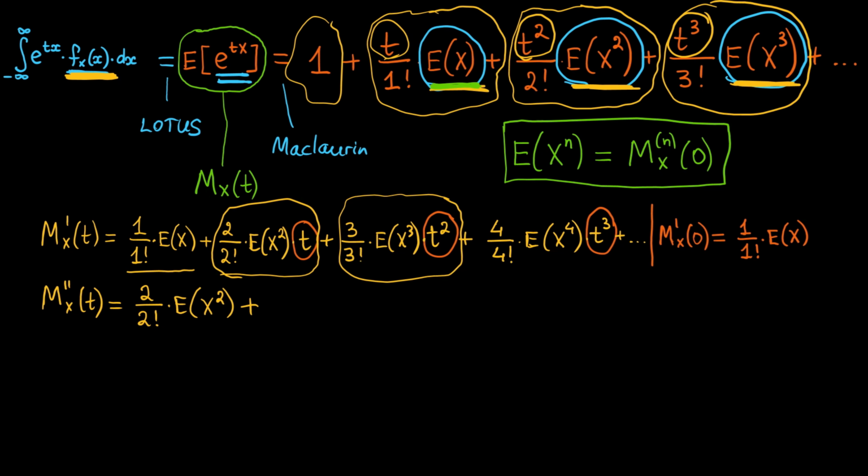We'll notice that this 2 from the exponent by the power rule will join the 3 in the numerator. So in the numerator we'll get 2 times 3 over 3 factorial times the expected value of x cubed. And let's not forget a t, right? Because the derivative of t squared is 2t.